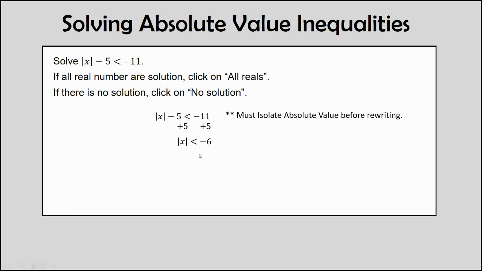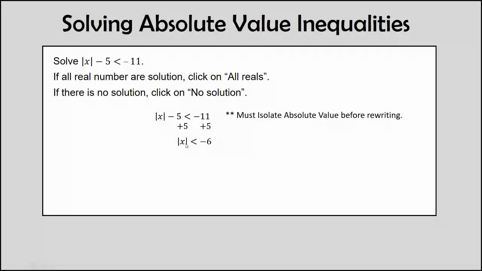Now, at this point, we need to stop and think about what this says. We're saying that the distance a number is from 0 has to be less than negative 6. To be less than negative 6, you have to be a negative number. Is the absolute value of any number ever going to be negative? No, never. Absolute value is a distance.